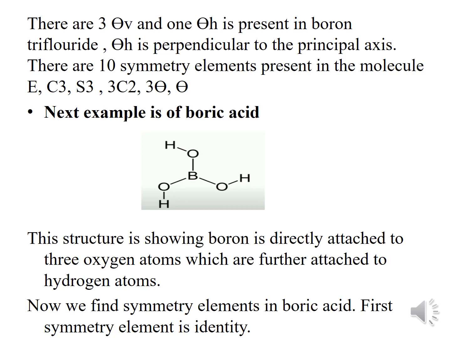Next example is boric acid. The structure shows boron directly attached to 3 oxygen atoms, which are further attached to hydrogen atoms. Now we find the symmetry elements in boric acid. The first symmetry element is identity.